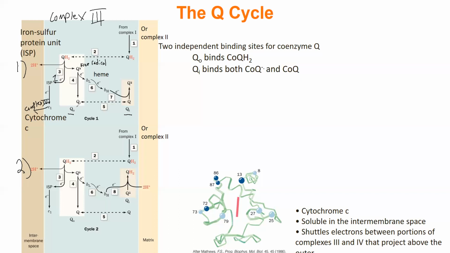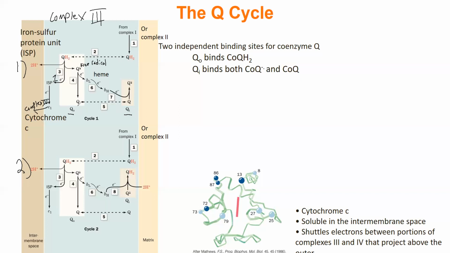When we do that, Q is back to the original Q we saw in complex 1 and complex 2, no charge. And once you're Q, once you're without the hydrogens, you can move to QI. So just to recap, if you're QH2, you can only move to QO.